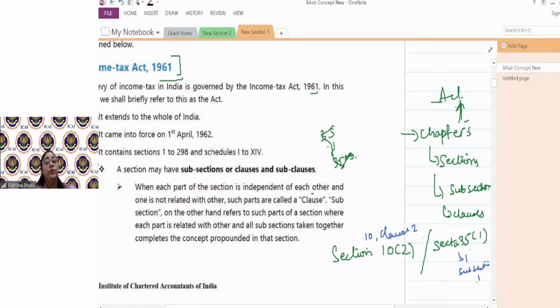Does someone know the difference in this? Does someone know कि मैंने दोनों को डिफरेंटली क्यों बोला? है तो लिखा एक जैसा.